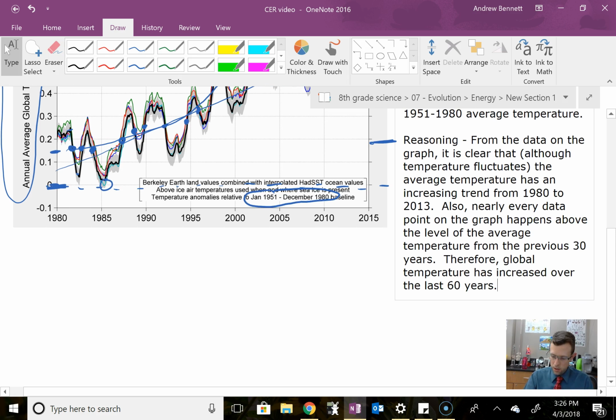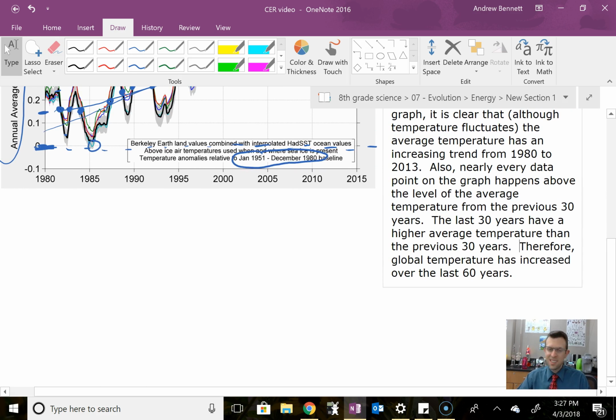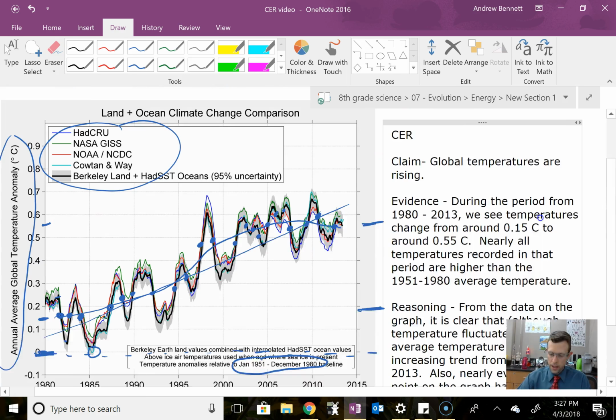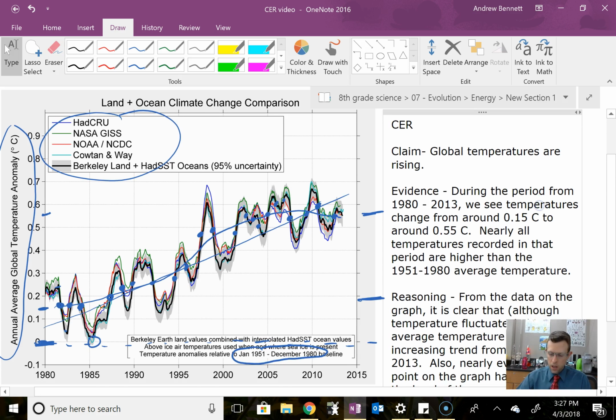And let's see, I'm going to add that. The last 30 years have a higher average temperature than the previous 30 years. Okay. So therefore, in the last 60 years, we've seen an increase in temperature. So that gets us to our claim that global temperatures are rising.